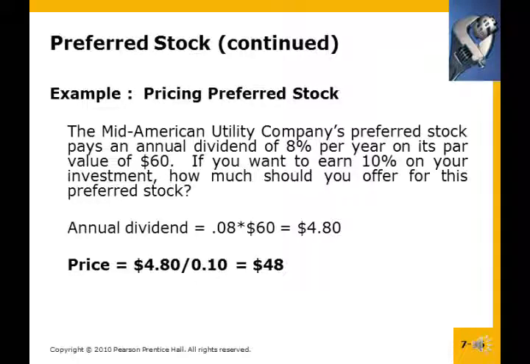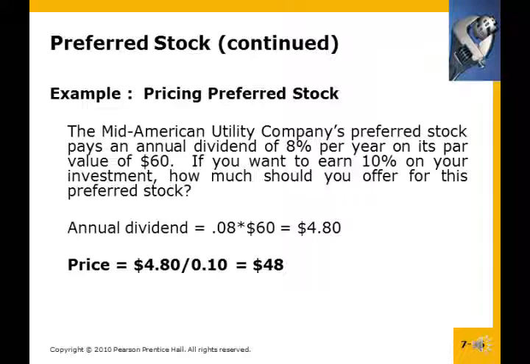Given this example, the company's preferred stock pays an annual dividend of 8% per year on its par value, which is equal to $60. If you want to earn 10% on your investment, how much should you offer for this preferred stock? Given the information in this problem, you can solve using the rule P0 equals PMT divided by r.